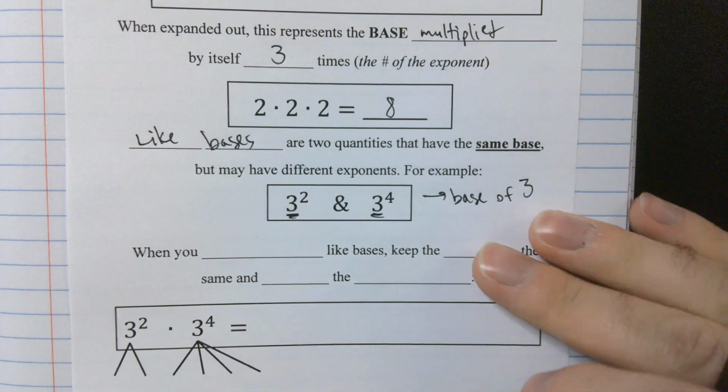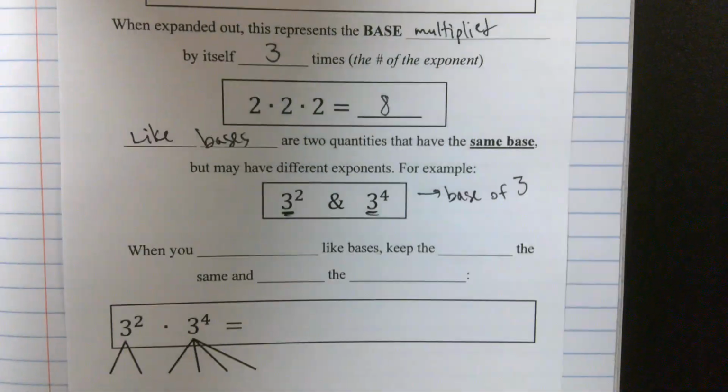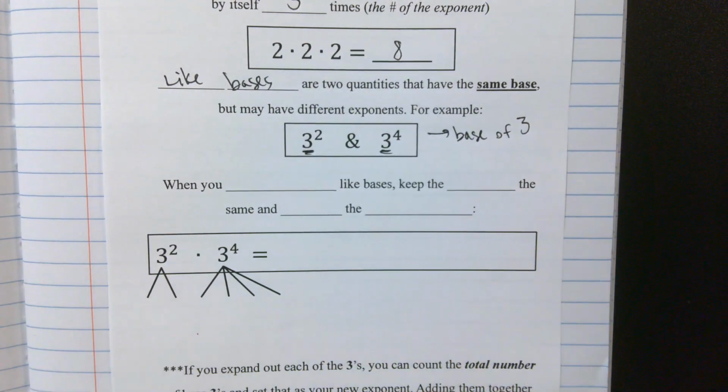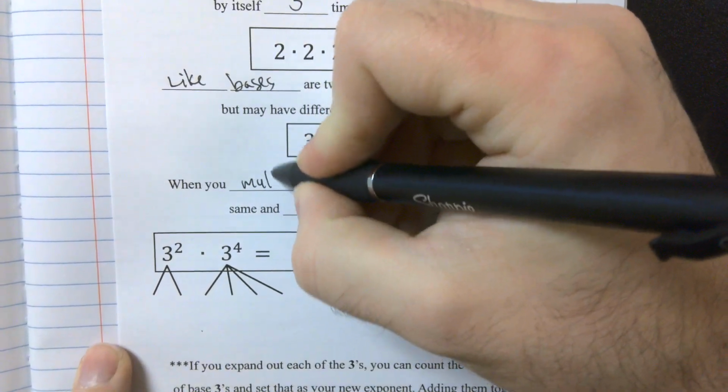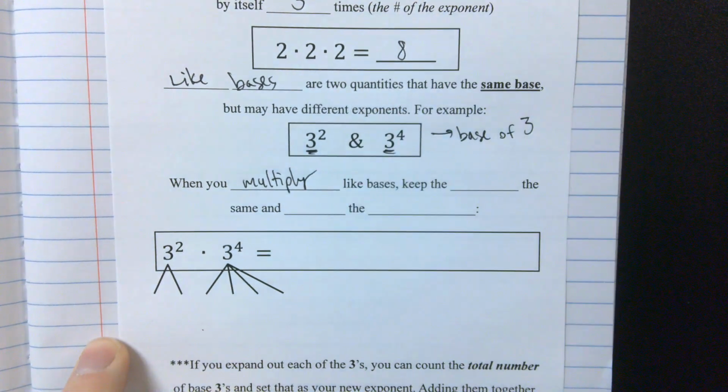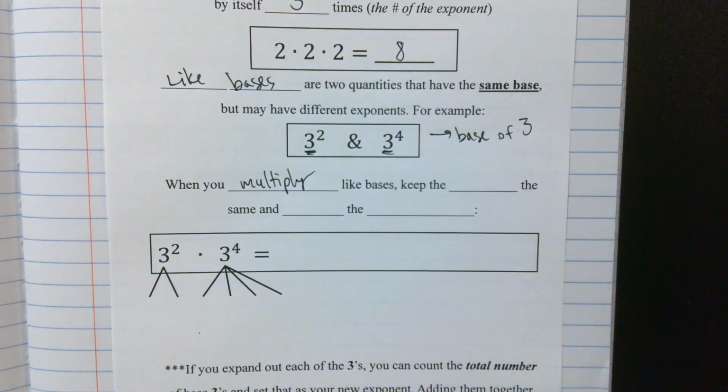Now, we're going to do this kind of backwards from the way that I wrote it on here. Let's fill in this one blank. The product rule is going to help us multiply like bases. So if I had 3 to the second times 3 to the fourth, we're going to learn a shortcut, the easy way to do it, but the longer way for us to do it is by expanding everything out.